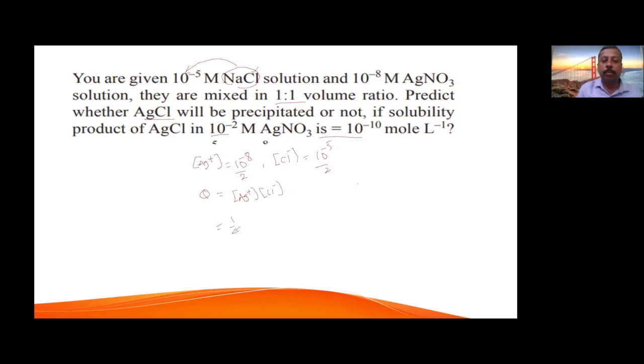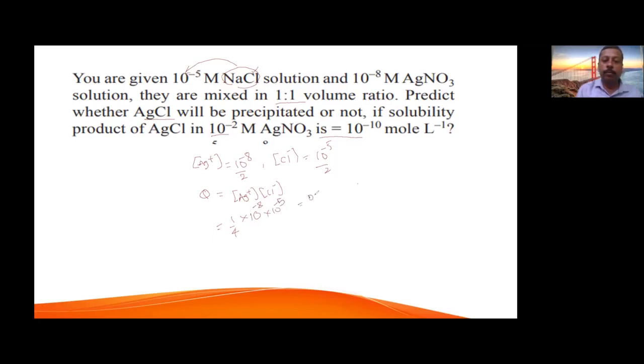So this is going to be 1 by 4 into 10 to the power of minus 13. This is 1 by 4 into 10 to the power of minus 8 from the silver and 10 to the power of minus 5 from the chlorine.